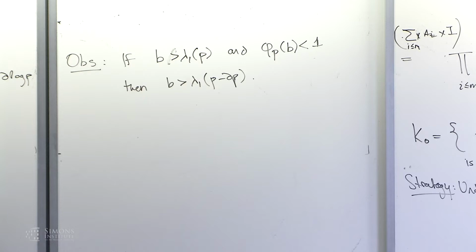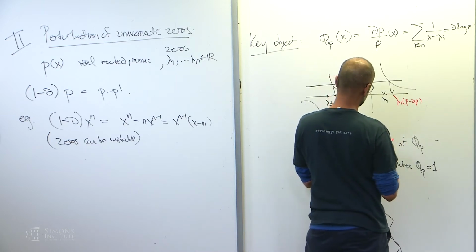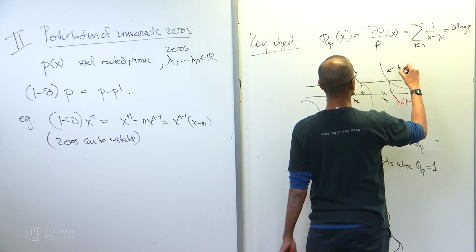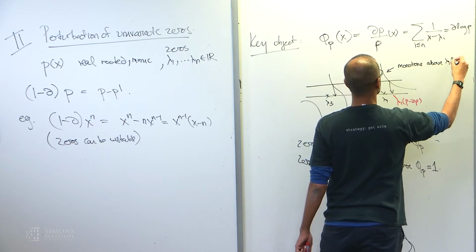Okay, what's the proof of this observation? Well, let me erase this. The proof is we observe, so this is the largest root of p. Maybe I'll use a different color. Okay, this is the largest root of p minus its derivative. Well, the key point is that this function is monotone decreasing above the largest root of p.